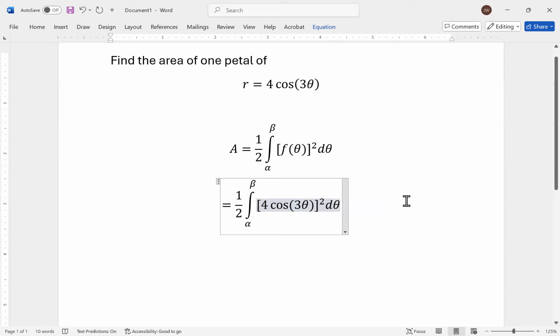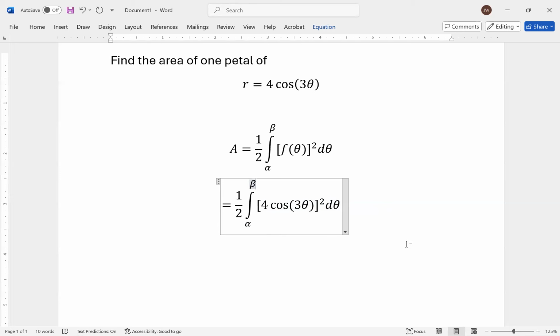So that's pretty straightforward. The only thing I really need to focus on is what the alpha and beta are going to be. Now, you can find these algebraically if you'd like. I might do that in just a moment.